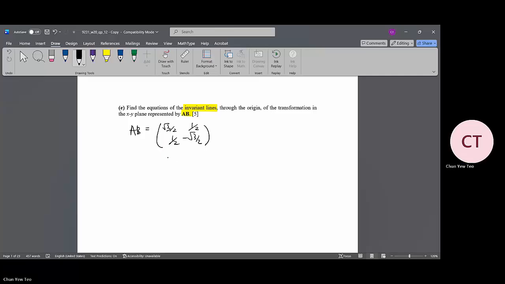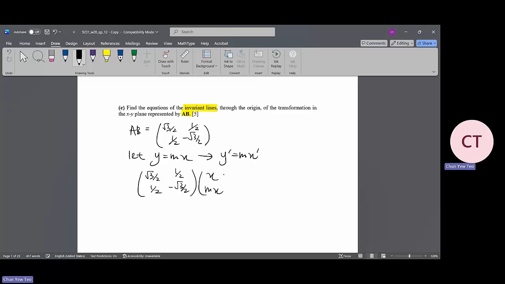Now we have an invariant line y equals mx, so y prime will equal mx prime. You just take AB and multiply it by the object, which is x, y, but you can write it as x, mx. The image x prime, y prime you can write as x prime, mx prime.